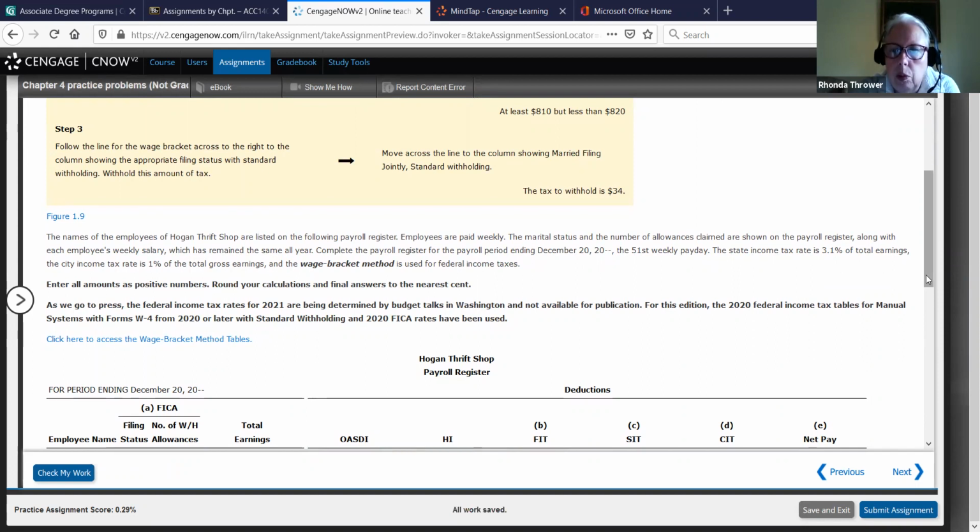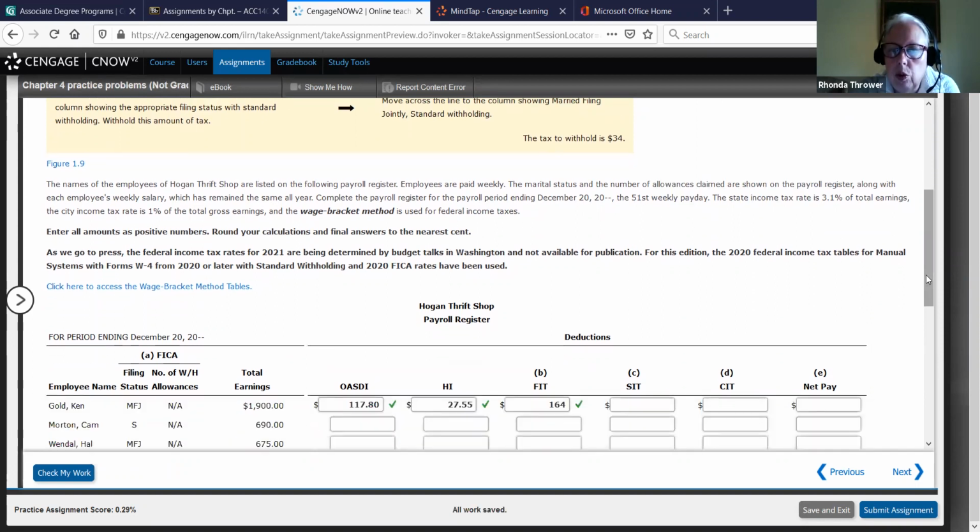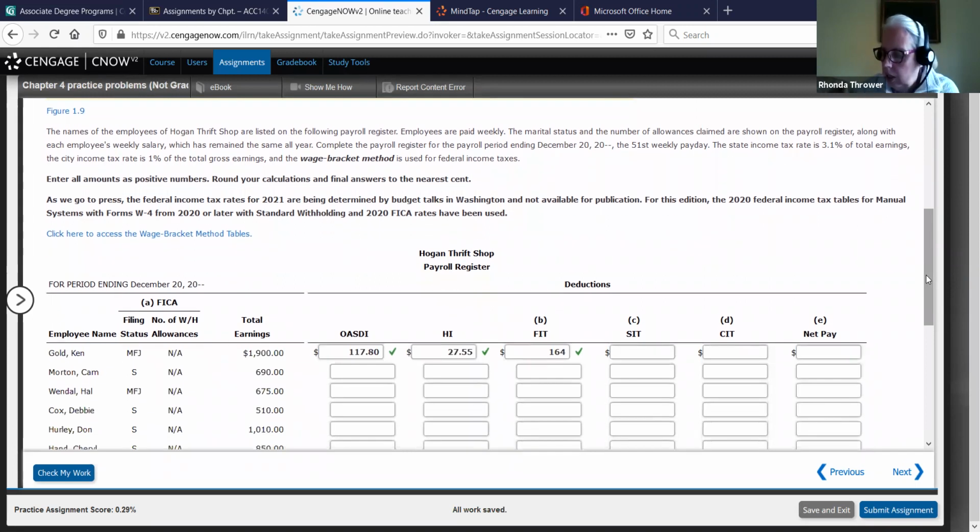So you're simply going to multiply 3.1% by the wages of $1,900. And that will give you $58.90. And we're going to check our work.